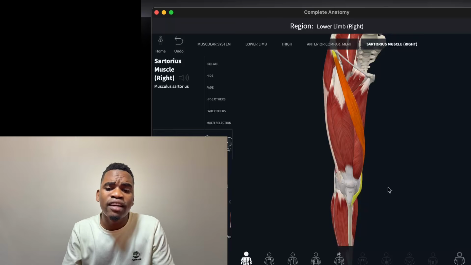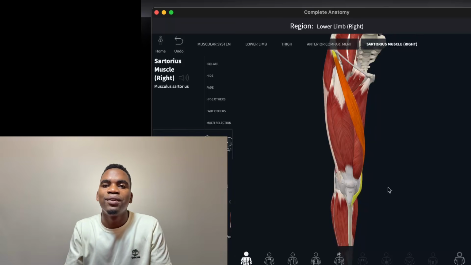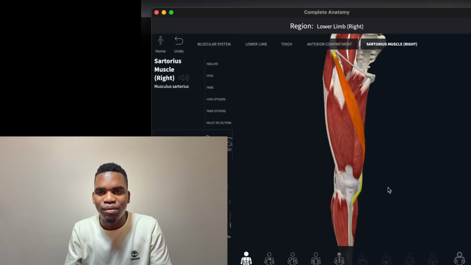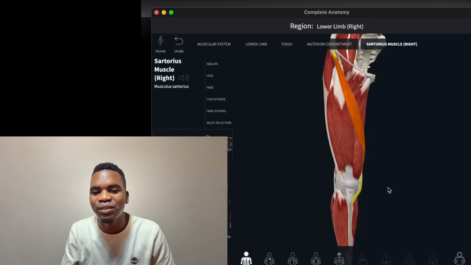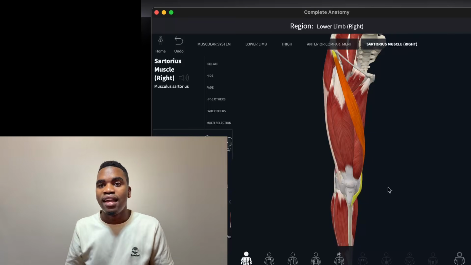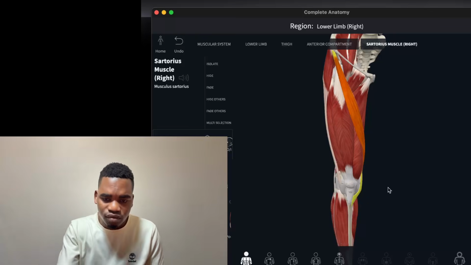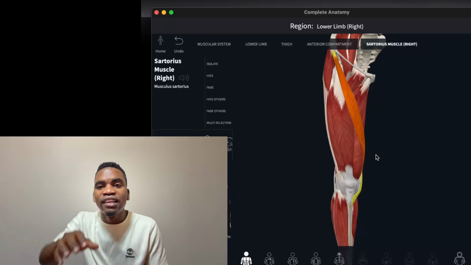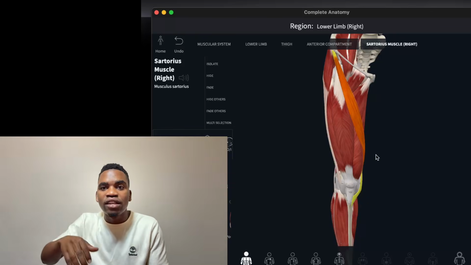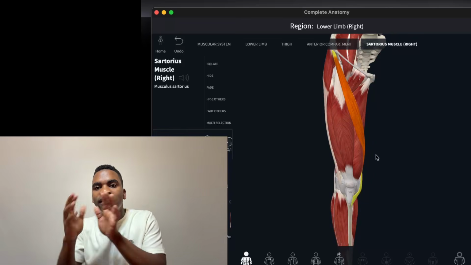And because of that, the sartorius muscle is also called the honeymoon muscle. This is just a nickname, and it's getting this name because of the action of the sartorius muscle. What does it do? It does flexion of the thigh, flexion of the knee, abduction of the thigh, and lateral rotation of the thigh.